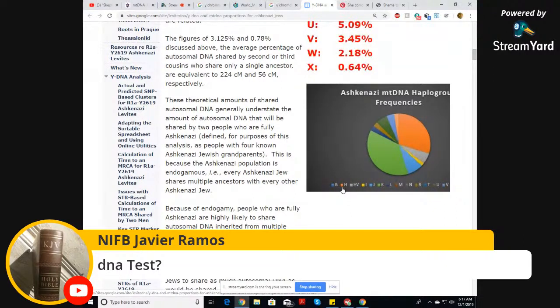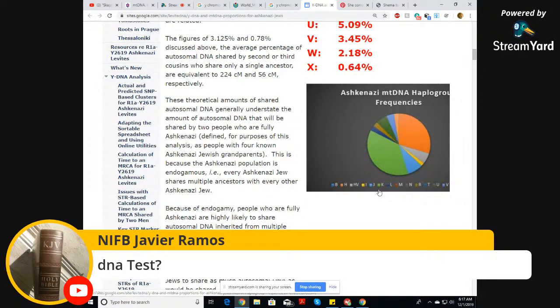And so it's K. K and H. So a lot of K could be Semitic and not Japhethite, because it looks to me like there's a big population of K in the Jewish people.